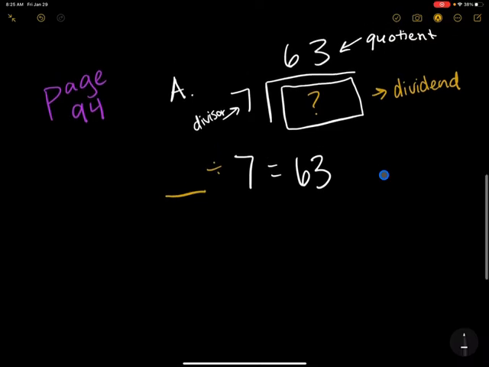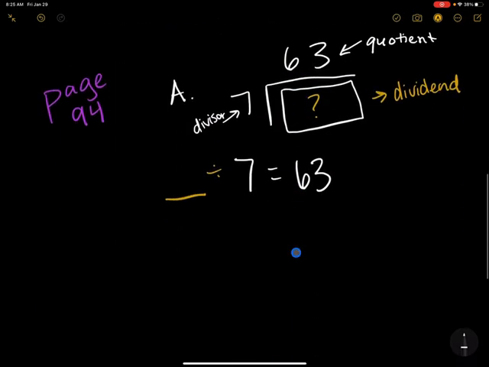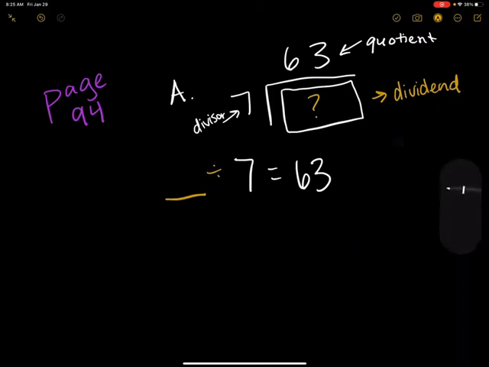Now, we can also use multiplication. And if you remember what we just did up here, we flipped the problem around. So our dividend becomes our product. The dividend right here becomes the product of multiplication. So I'm going to write that.